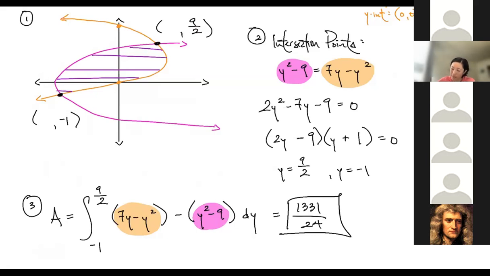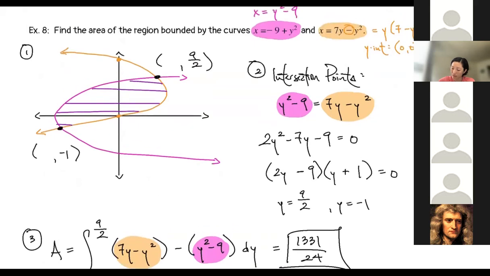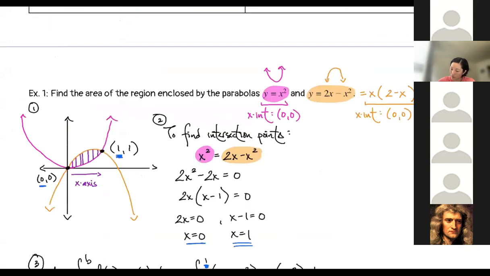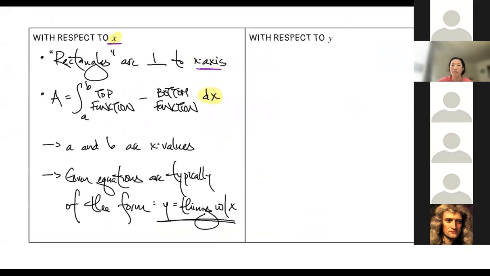All right. So I think the last piece for class will be, let's go back up and sort of summarize what we're talking about when we say with respect to X versus with respect to Y. Okay. So I could modify this first sentence.